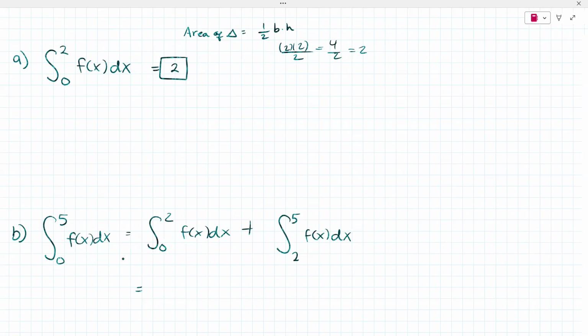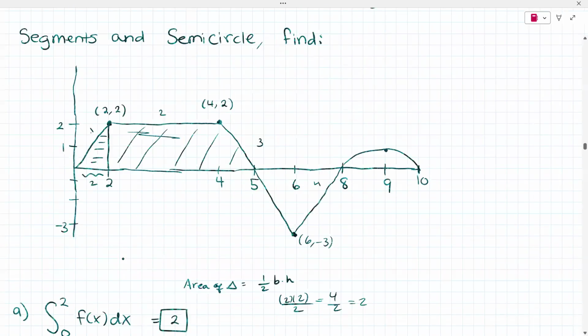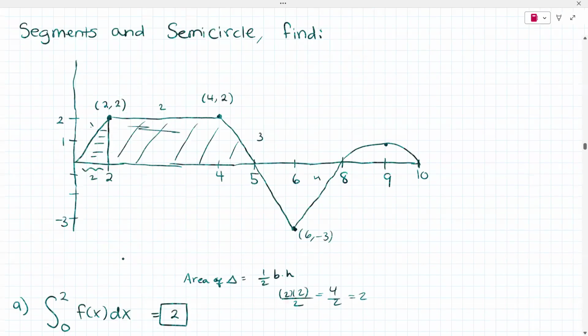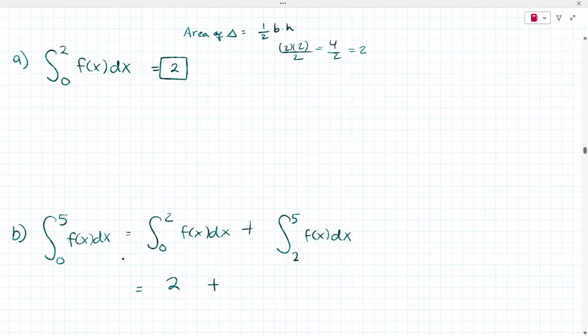So from 0 to 2 is 2. And then what's the integration from 2 to 5? So it is a trapezoid. So how do you find the area of a trapezoid? It is 1/2 times the height times b1 plus b2, right?